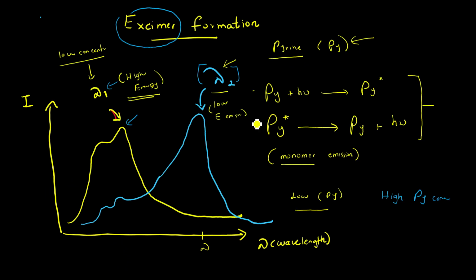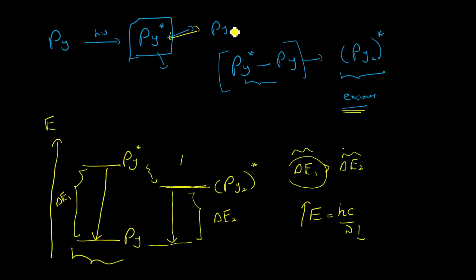So relative to the high energy difference, we will observe the lower lambda value, which means this yellow color graph. Now when we increase the concentration, more pyrene molecules will be added into the system. So there's the possibility to form bonds between two molecules and get stabilized, which means excimer formation.